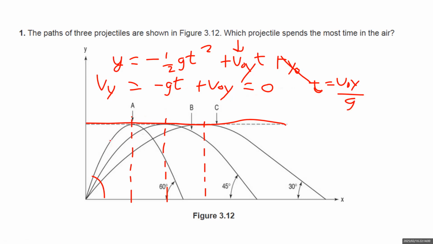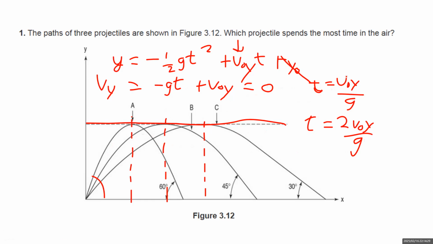And again, since this is symmetric, the time to come back is going to be twice that. Now the question is, did these all get to the critical point at the same time?